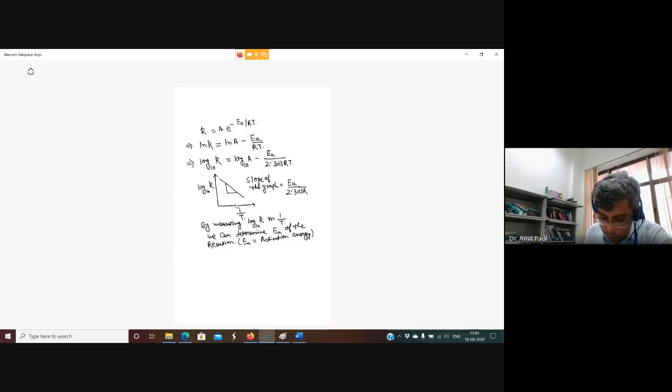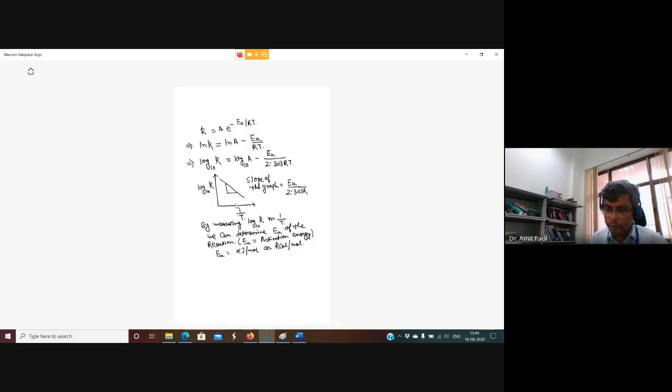So this Ea could be in the unit kilojoule per mole or kilocalorie per mole. More or less we have this understanding that every reaction has some kinetic barrier, and that kinetic barrier is known as activation energy, which we can determine through a temperature dependent study.